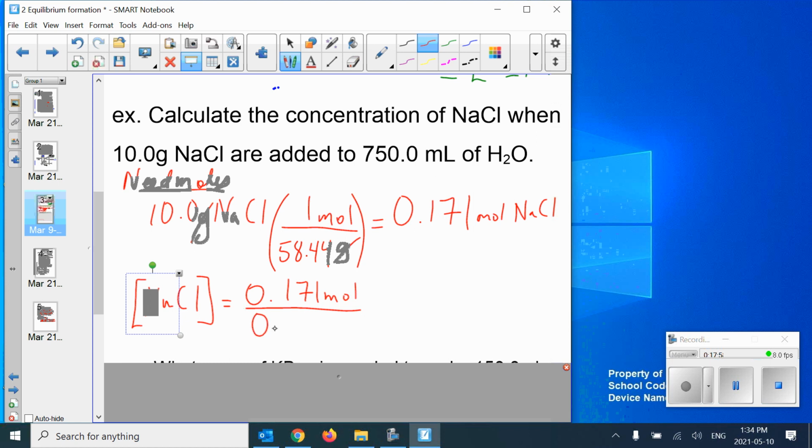And 0.75 liters. Now I did that conversion in my head. We talked about that earlier. Divide it out, 0.2. I'm going to keep just as moles per liter. I could put big M on there. Pause.